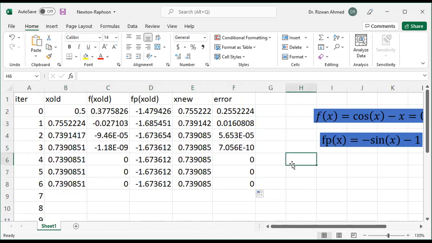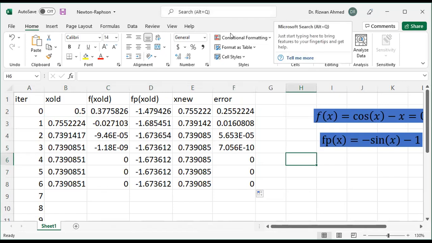Within 3 iterations, it has converged to 10 raised to the power minus 10. Right? In Microsoft Excel, I have not stored the values in variables. I have shown the values as such. So this is here. Right? So that is the algorithm.